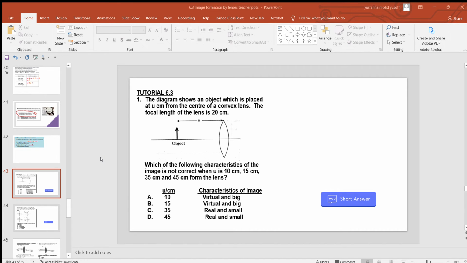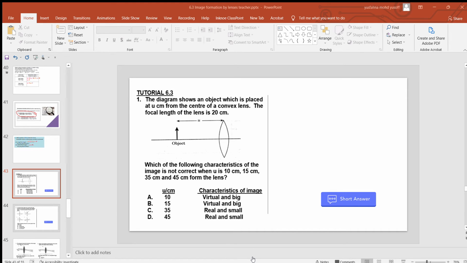The triangle acts as the object. This is the lens, a convex lens, and this is the screen, where the image will be formed on top of this cardboard.